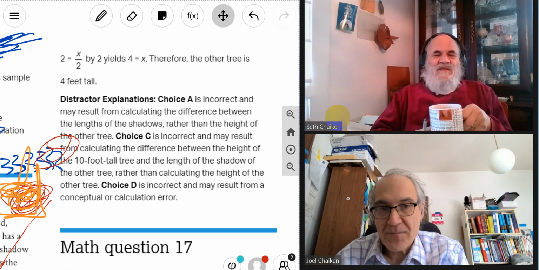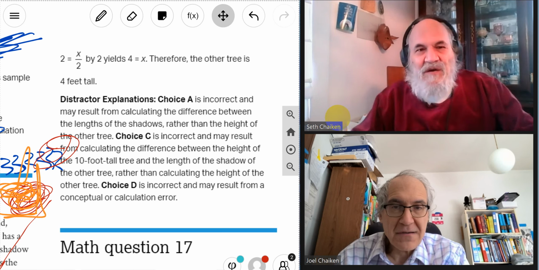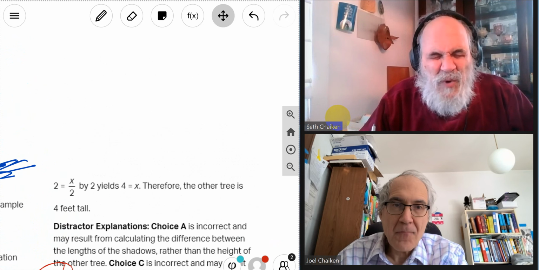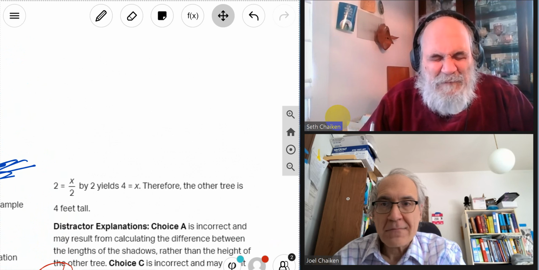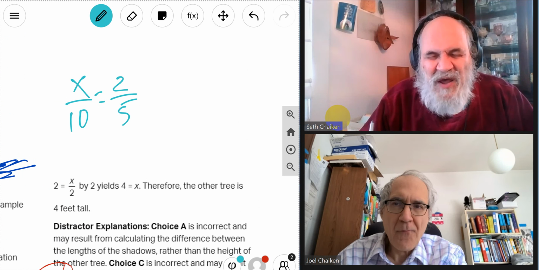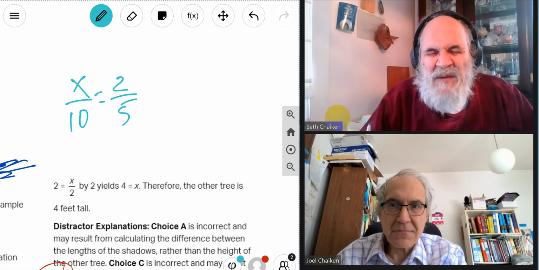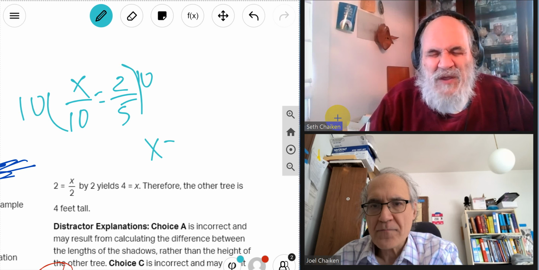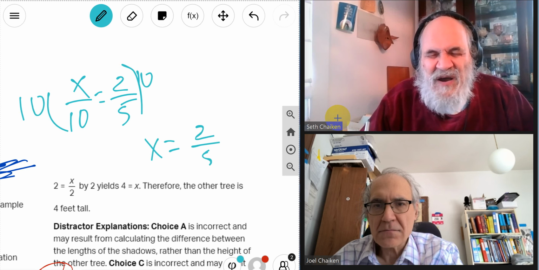So when you have x over 10 equals 2 over 5, you don't think about cross multiplying. You simply multiply both sides by 10 to clear the denominator, and then immediately get 2 times 10 divided by 5 is the answer.